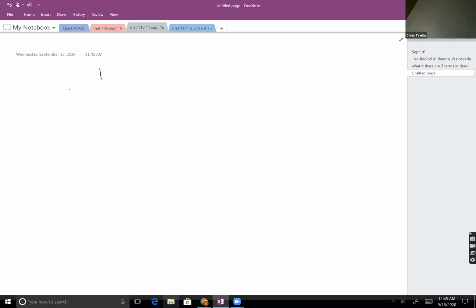So if I have 1 over, what did we start with? Radical 3 plus 1. There's two things in the denominator, so I've got to do the conjugate. The conjugate of radical 3 plus 1 is radical 3 minus 1. But the only number we can multiply a fraction by is 1.